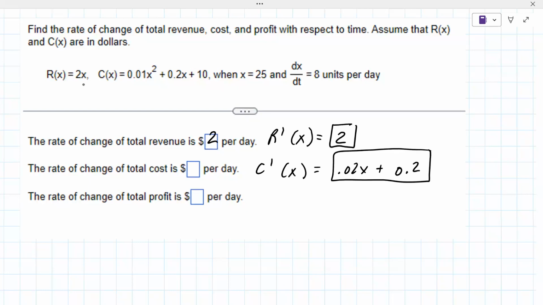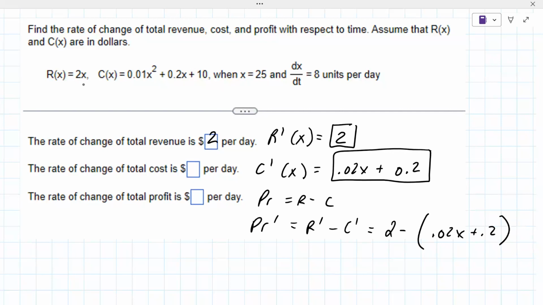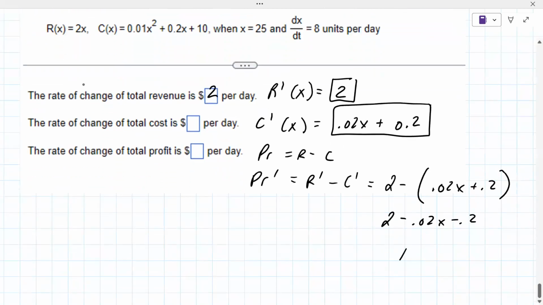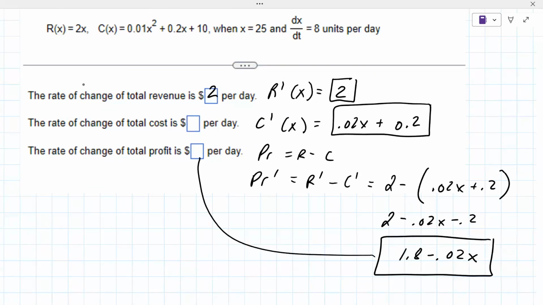And then profit, as we know, profit is revenue minus cost. So the derivative of profit is R prime minus C prime, which is 2 minus parentheses 0.02x plus 0.2, like that. And you do want to simplify here, and you got to show all your work. So it looks like it would be 1.8 minus 0.02x for the rate of change of total profit.